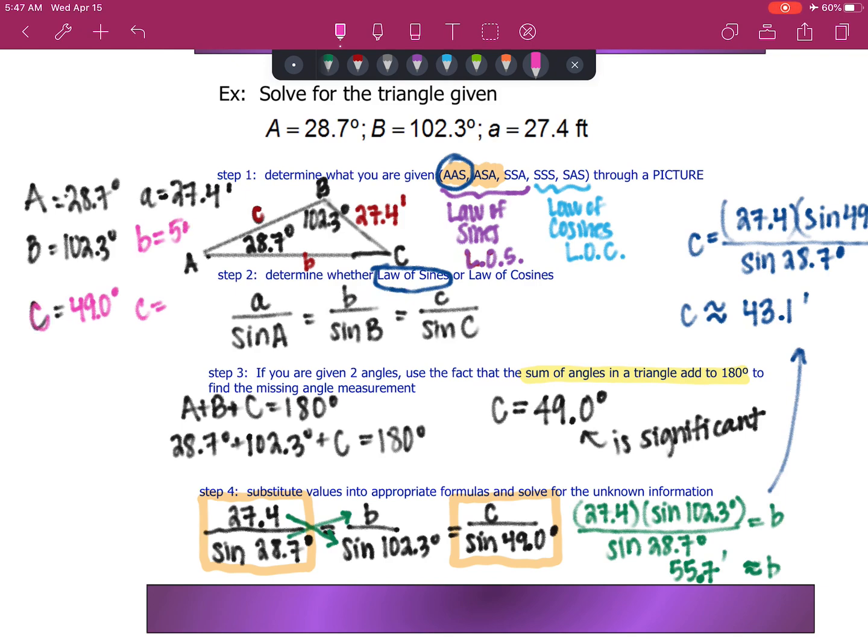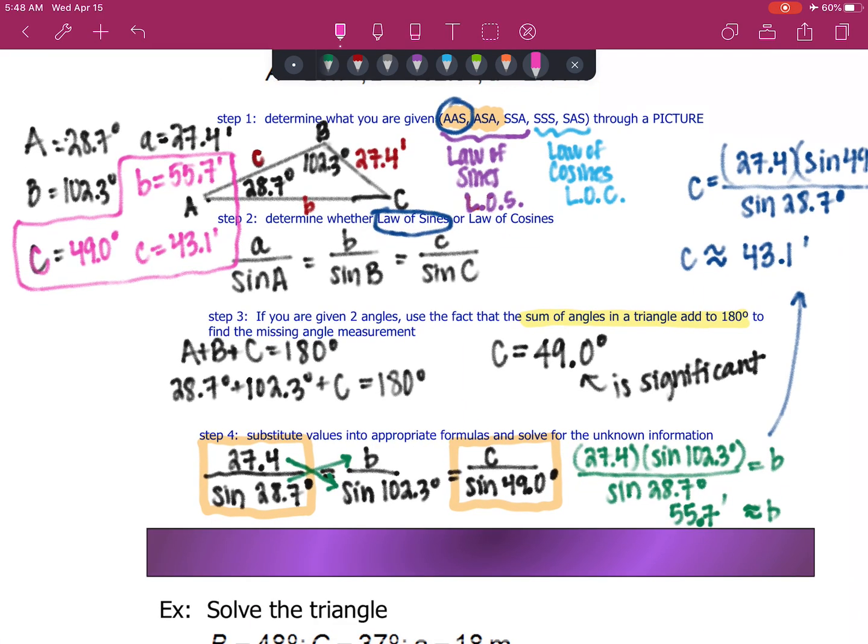Side B is what we found second, 55.7 feet. And side C, 43.1 feet. Those three values are the answers that we're looking for. These three values solve the triangle. And that's law of sines.